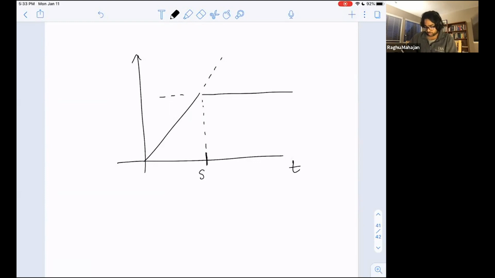This is going to be S black hole times beta over c. And this is just going to be 2 times S black hole. There's some order 1 number here. And the slope here is c over beta, which is why this is the Page time. Okay, so this is the Page time.